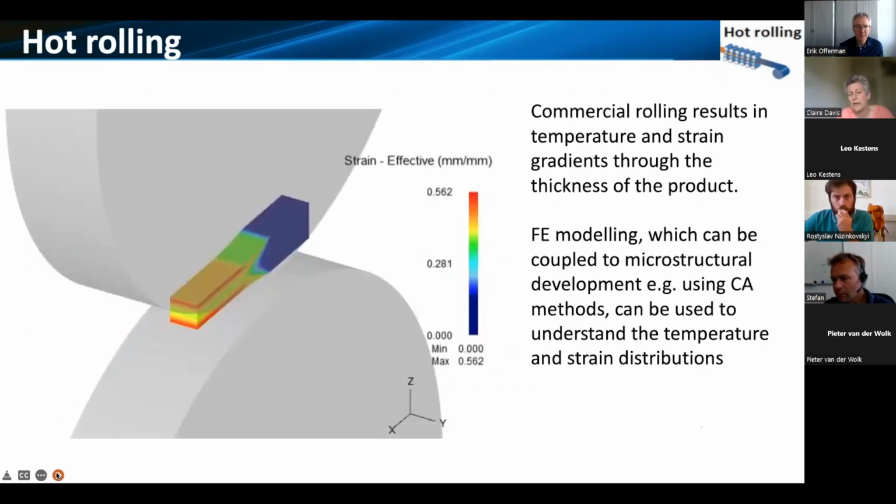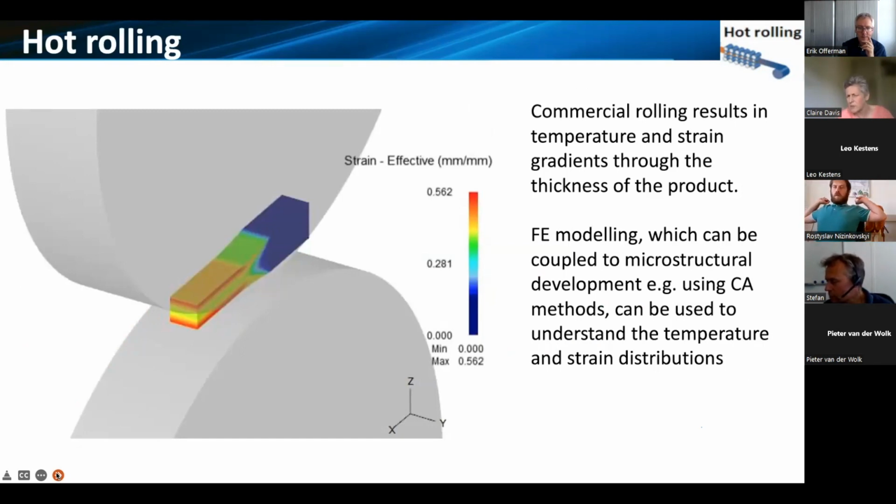Also, when thinking about processing, we have strain variation through thickness. In the labs, we tend to use smaller samples, and we need to be aware and conscious of strain and temperature variations. And so therefore we can map the microstructural development through an entire product thickness.